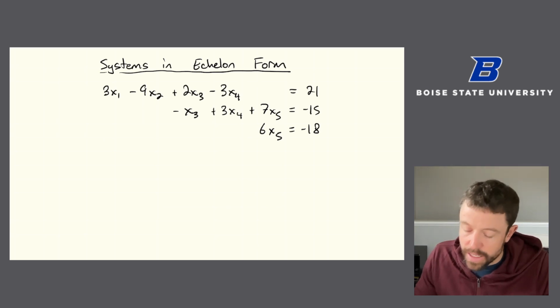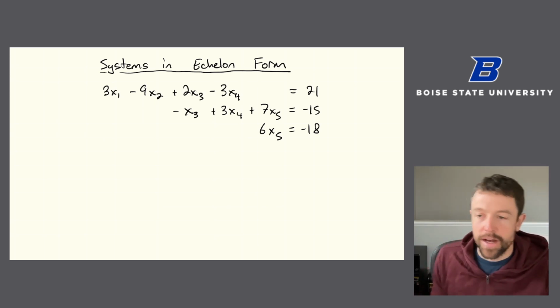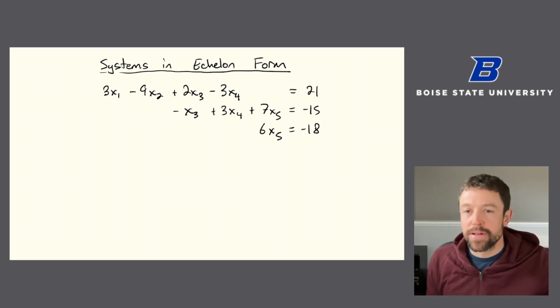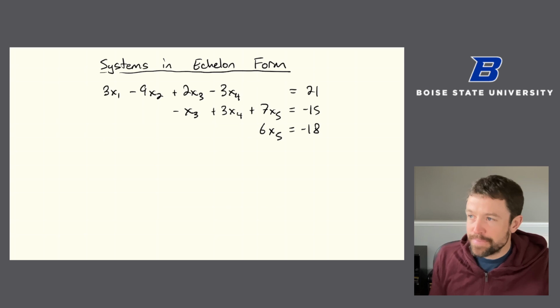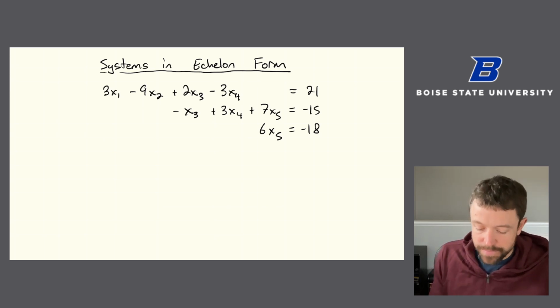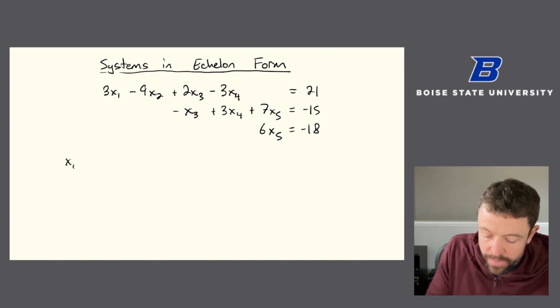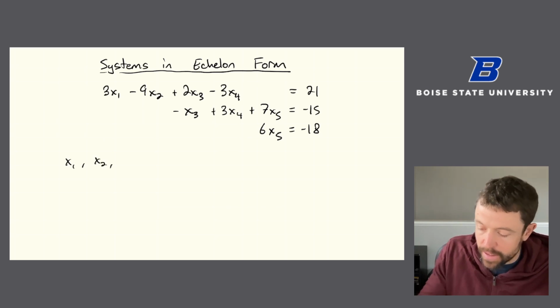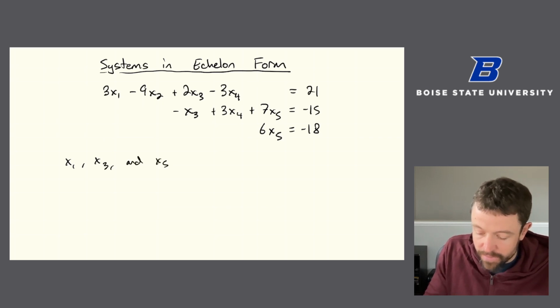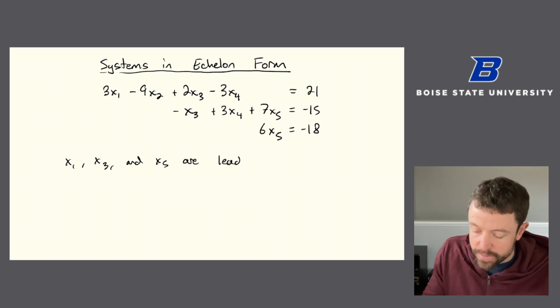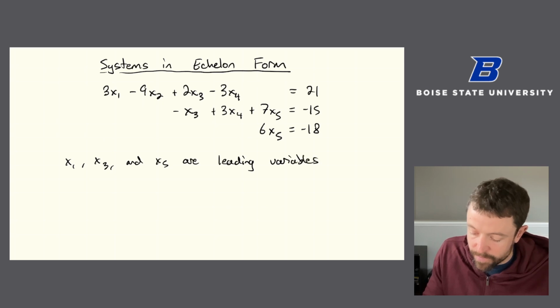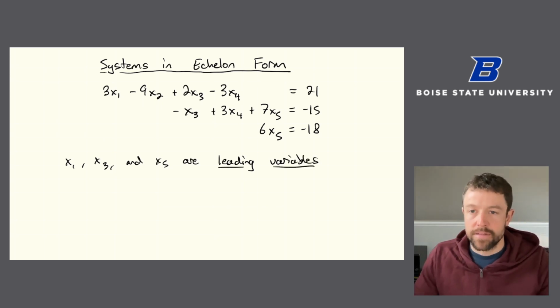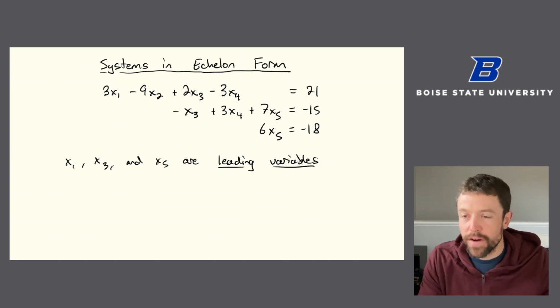And I'm already really tired of saying "the first variable with a non-zero coefficient." So let's put some terminology in here. When we have a system in echelon form, we would call x1, x3, and x5 leading variables. That is, they're variables that are the first variable with a non-zero coefficient in one of the equations.